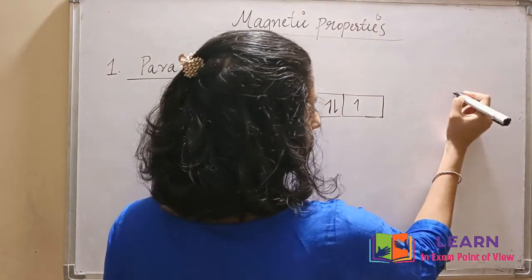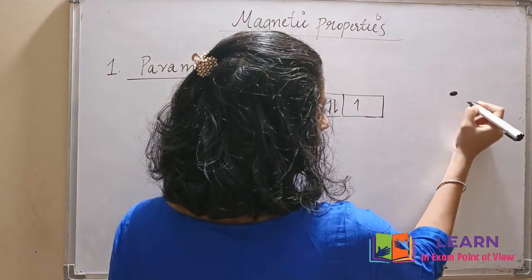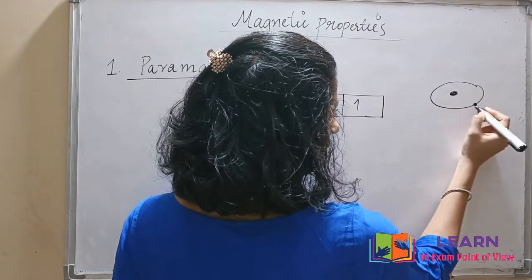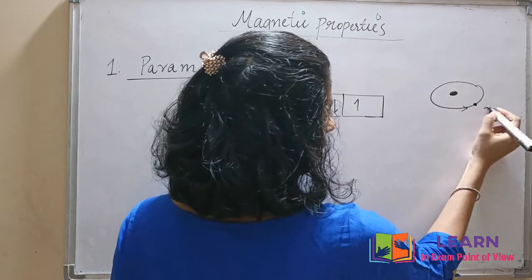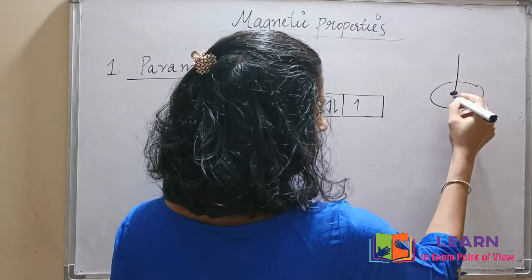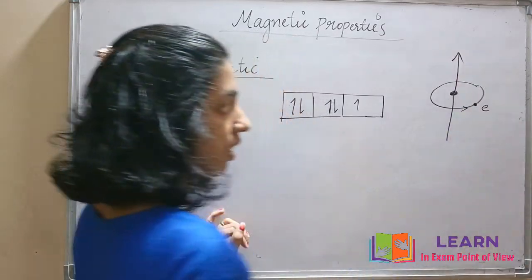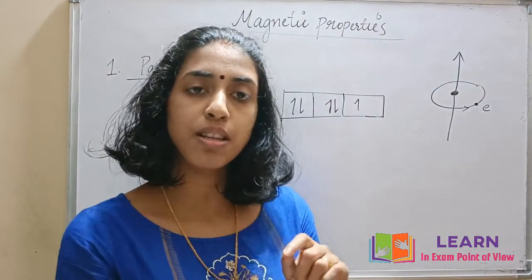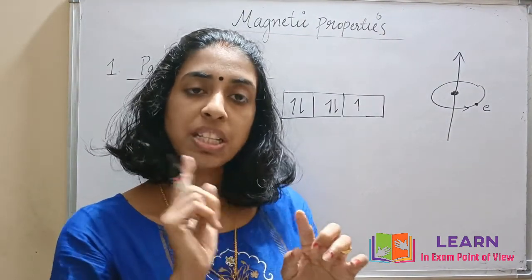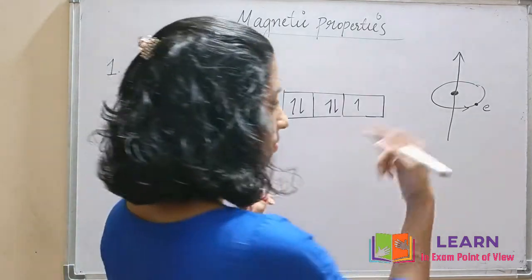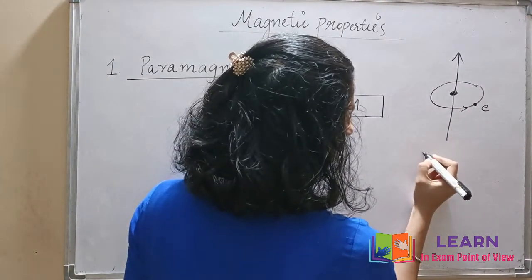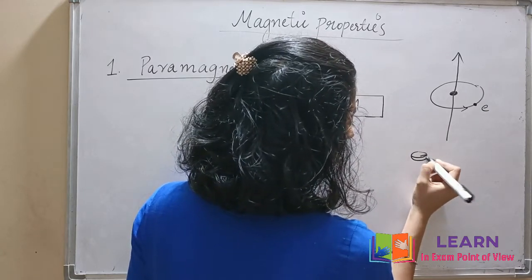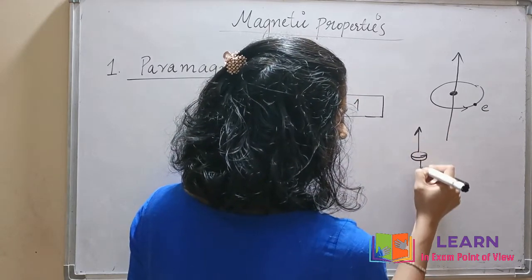An electron revolves around a nucleus, so it will have a magnetic moment. An electron revolves around the nucleus, and it also spins about its own axis. If a single electron spins in this direction, then its magnetic moment will be up.